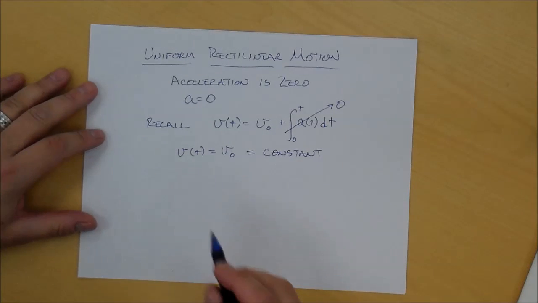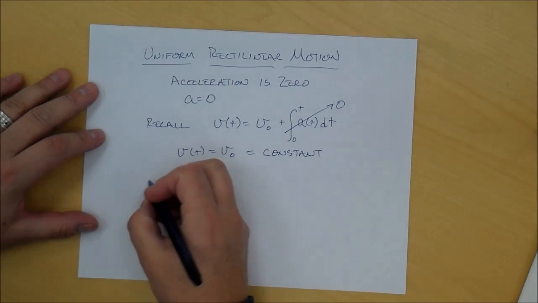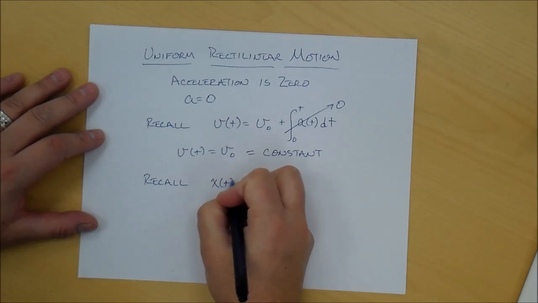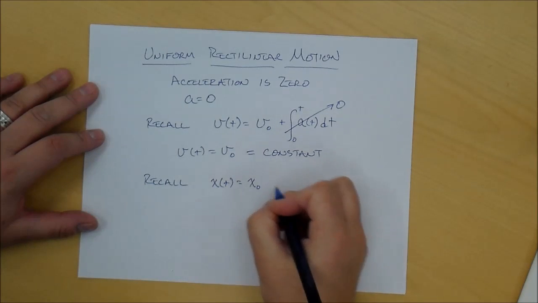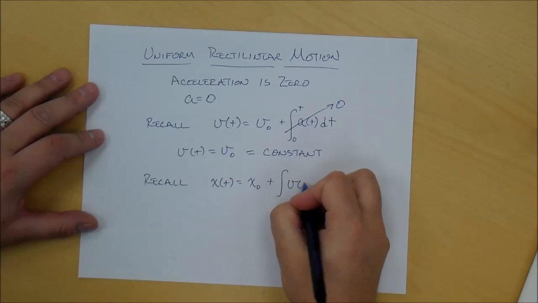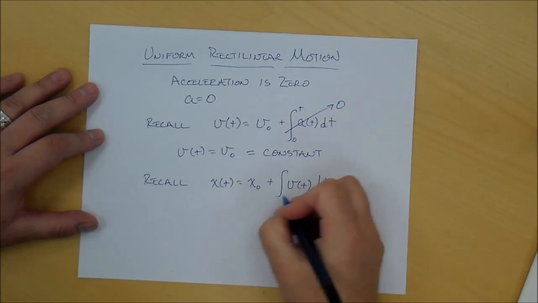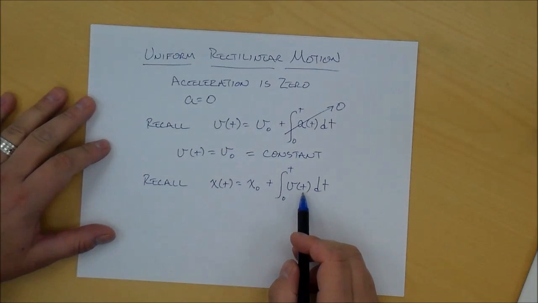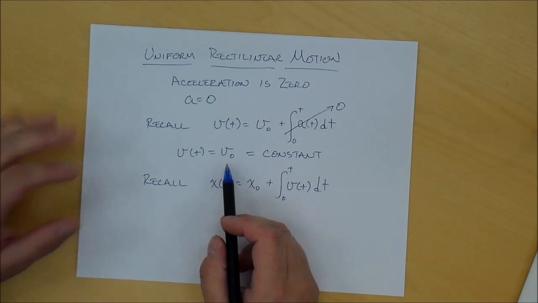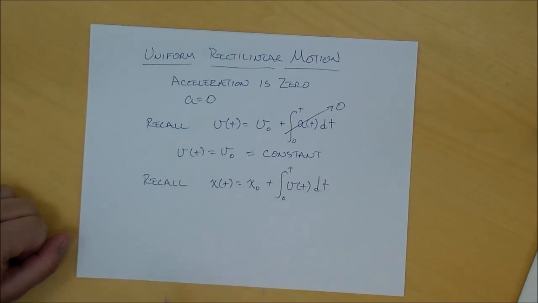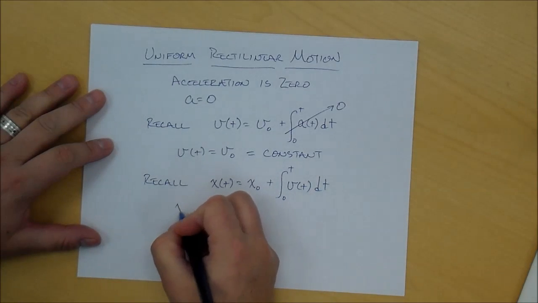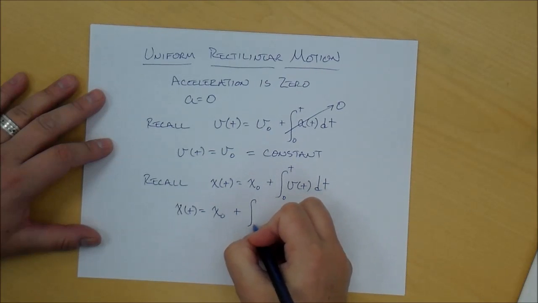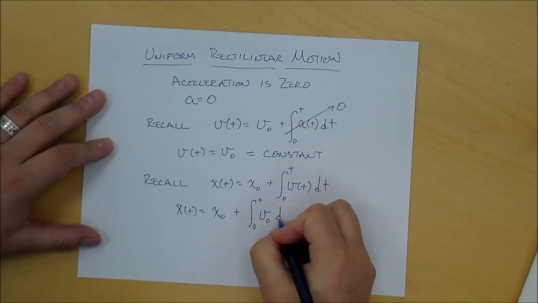Okay? And now from the velocity, we know we can find the position. Again, from the last lecture, the position as a function of time is equal to the initial position x naught plus the integral of the velocity as a function of time dt. Well, in this case, now we know that the velocity as a function of time is a constant, and the constant being the initial velocity, v naught. So we can rewrite this integral: x of t now is equal to the initial position plus the integral 0 to t of v naught dt.